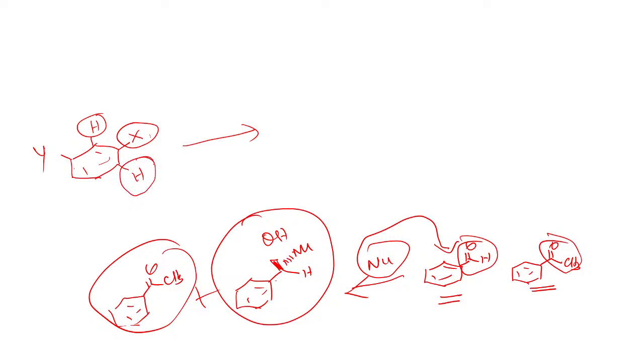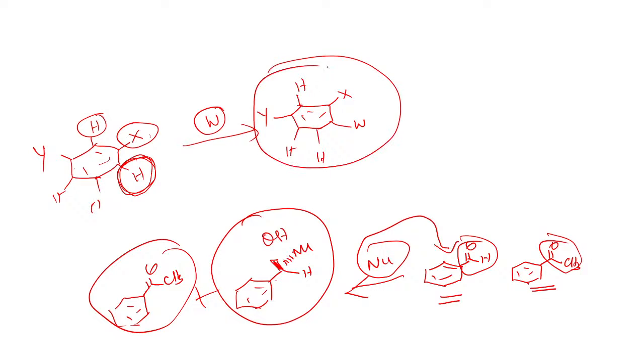You can try to selectively functionalize one CH bond compared to the others. Because you have 4 CH bonds, you are trying to selectively functionalize this CH bond with a functional group. The other hydrogens are intact, then you can call it a regiospecific reaction.